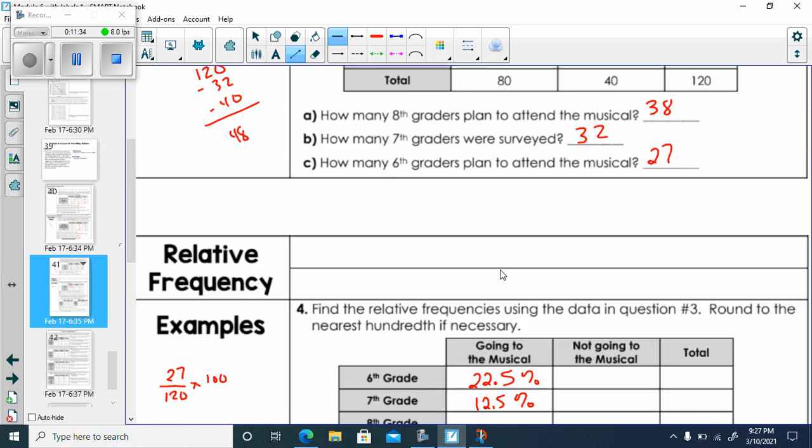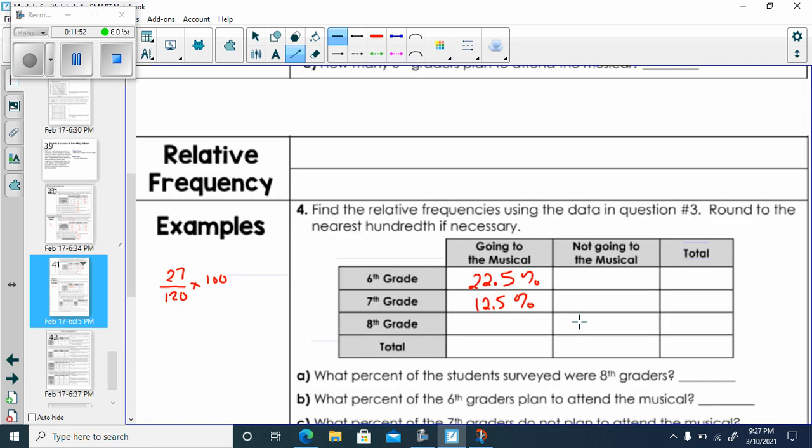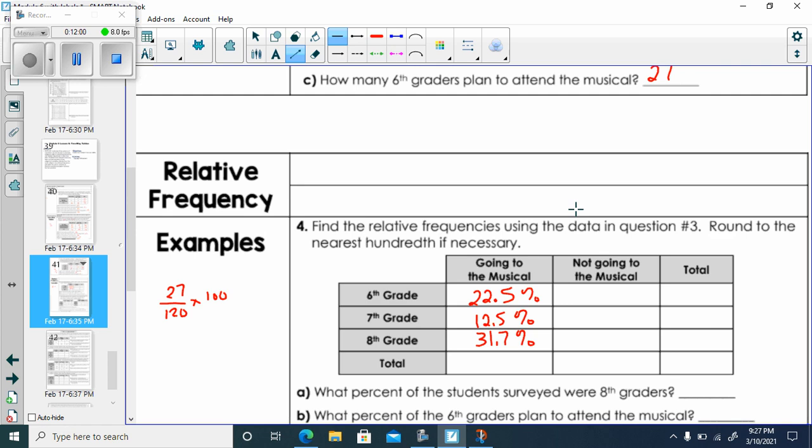Okay. Then let's go to this one, 38. You divide your 38 by the whole total 120 surveyed. 38 divided by 120. Multiply that by 100. That gives you percent. 31.7% of the people surveyed are both in the 8th grade and going to the musical.